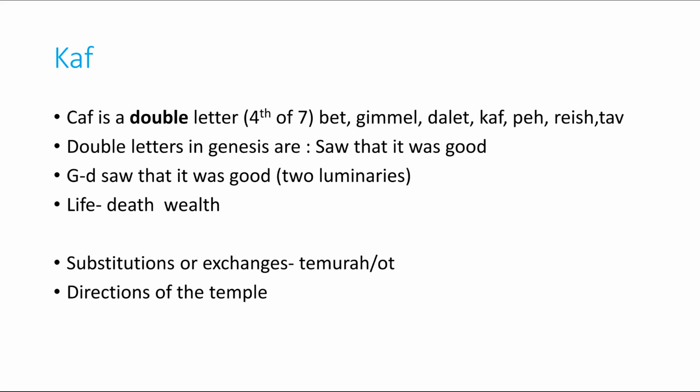And the kaf is the fourth of the times that God says, saw that it was good. And what is God seeing that it was good? The 2 luminaries in the sky, the sun and the moon. So kaf represents this moment in Genesis when God sees that the luminaries are good.